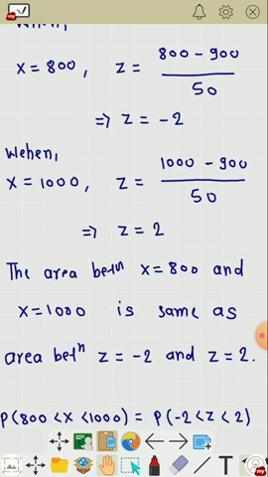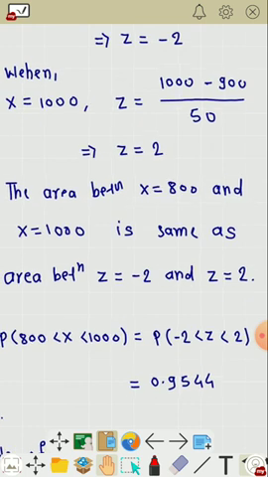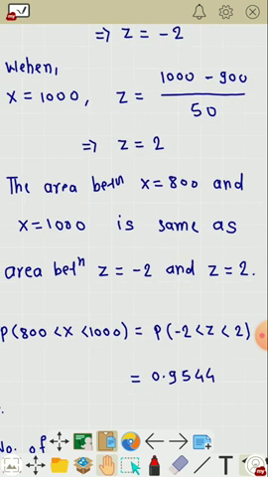Therefore the area between x equal to 800 and x equal to 1000 is the same as the area between z equal to -2 and z equal to 2. This is because we have converted our normal variable x into standard normal variable z.